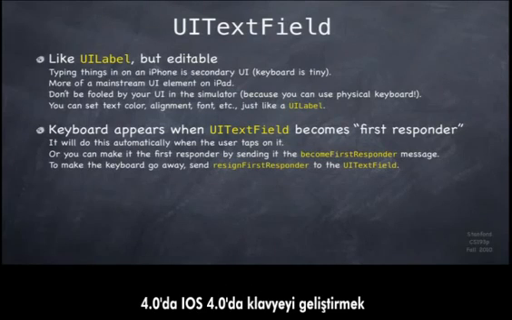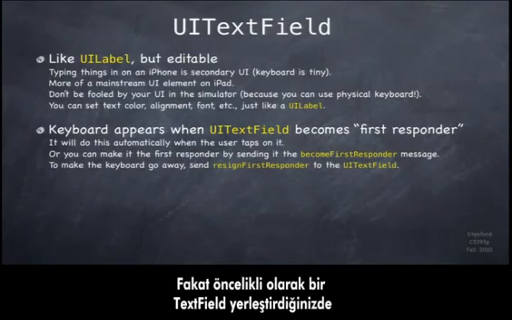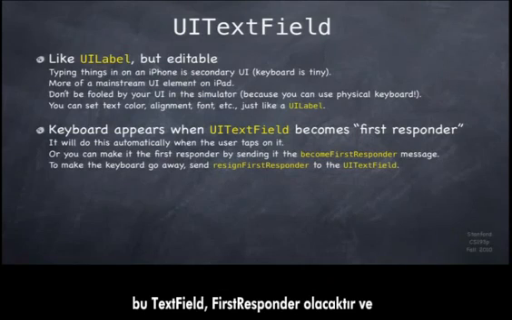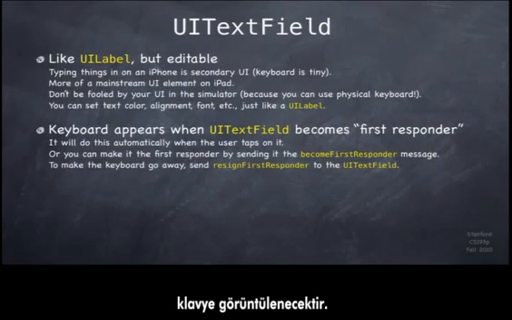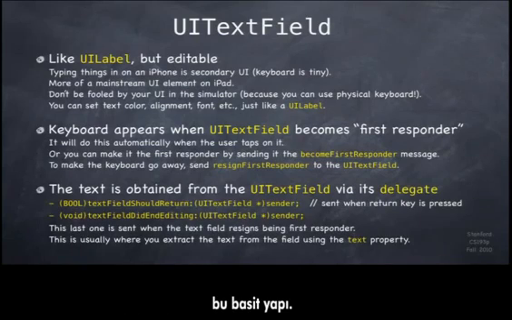Now in iOS 4.0, there are some nice features for enhancing the keyboard or even replacing what comes up as the input view. But primarily, you're going to put a text field up, it's going to become first responder, and the keyboard's going to come up. So that's what we're going to talk about today, that simple paradigm.